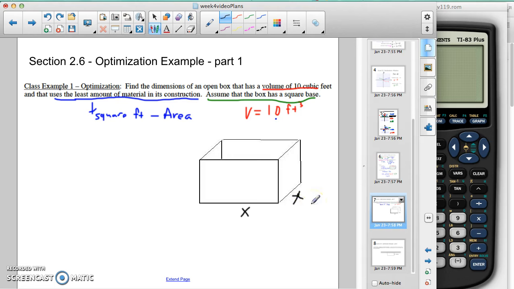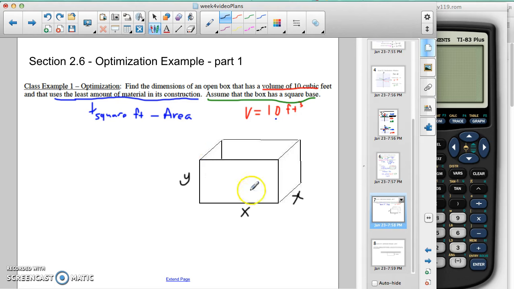Then the height is going to be a different letter or a different value. We don't know that it's a square going on the sides, so we would use a different variable here. Usually there are three variables, but since we have a square base, two of them are the same. So the bottom is going to be x by x, and then the side is going to have a y distance here.